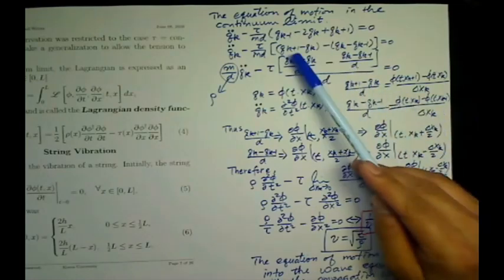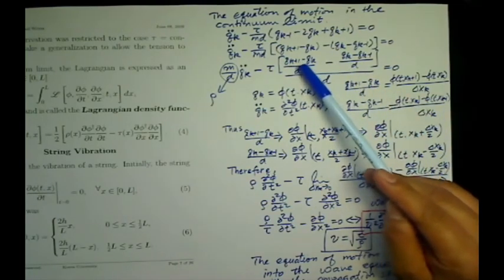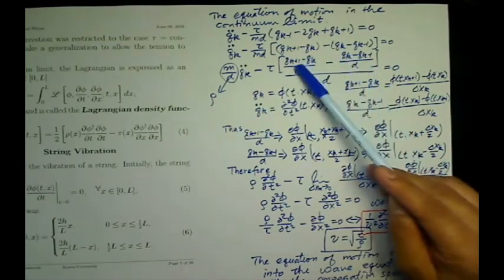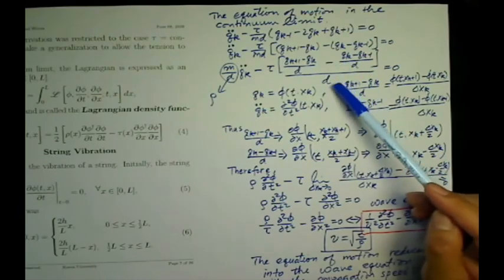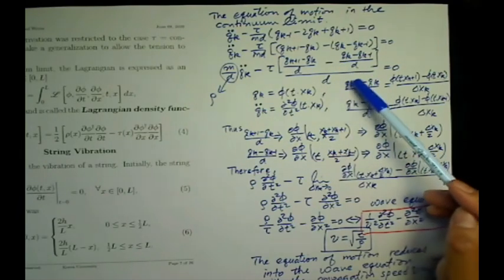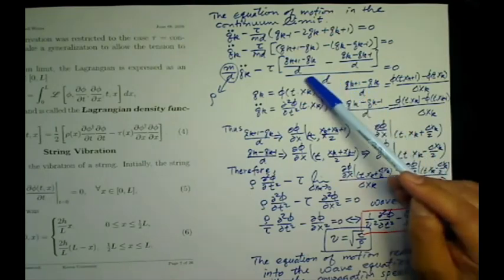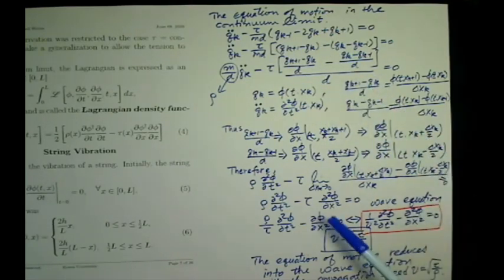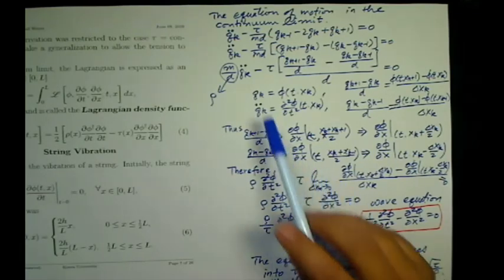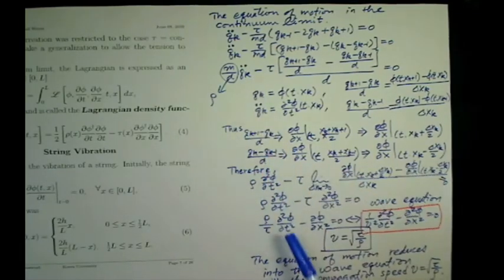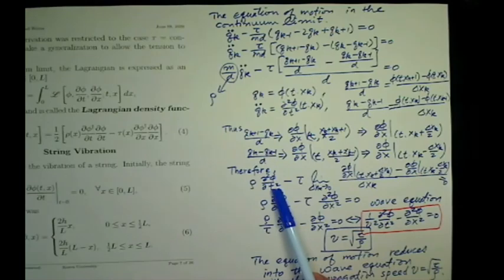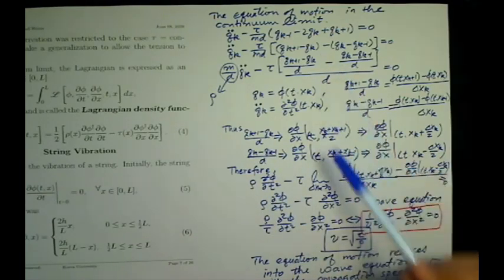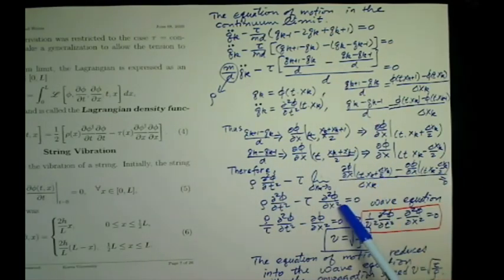That means that this is the first order derivative with respect to x, and taking the difference and ratio with this d taken to be 0, this is the second order derivative with respect to x. As a result, this is the second order derivative with respect to time, and this is the second order derivative with respect to position.